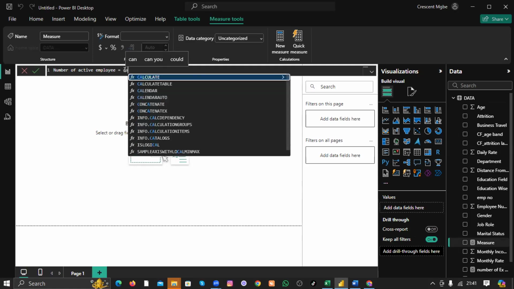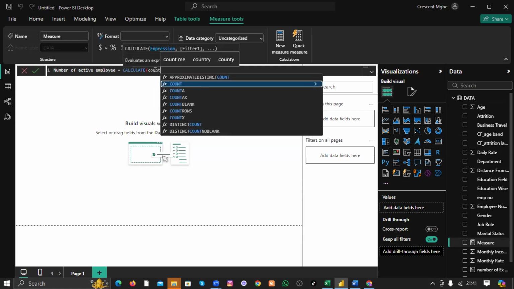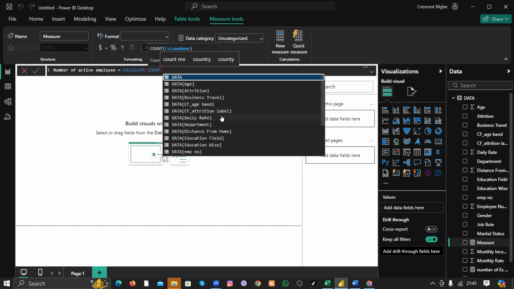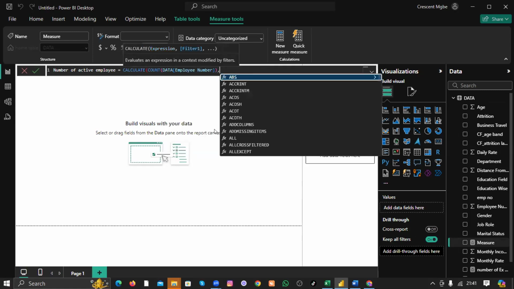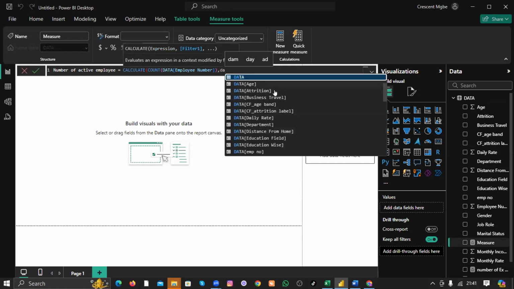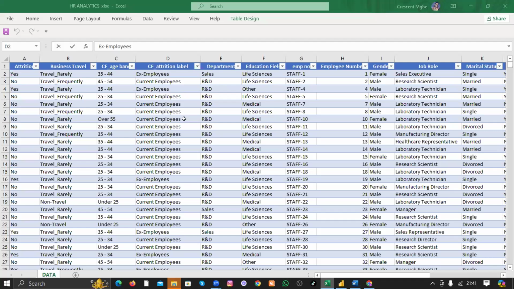So you do your calculate, you do your count of number of employee, you call your number of employee, close the brackets, comma, then from your data table, the attrition label, when it is what? You go here, when it is currently employed.